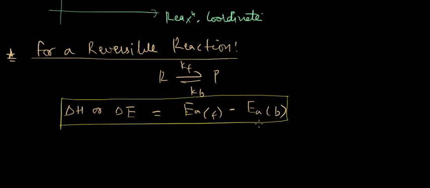This is in absence of catalyst, and in presence of catalyst you can write EA dash in forward direction minus EA dash in backward direction.